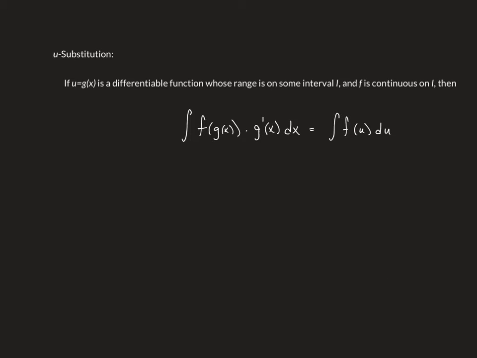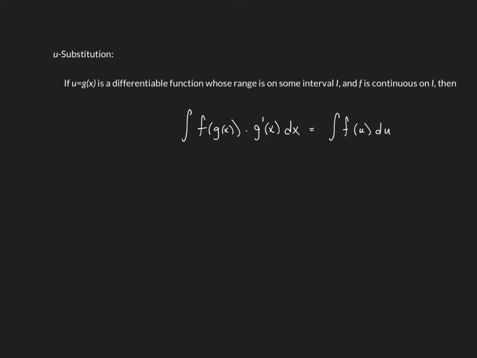So the reason we're able to do this is just a formal definition here. If u is equal to g of x is a differentiable function whose range is on some interval I, whatever that is, and you have a function f that is continuous on I, that same interval, then the integral of f of g of x, of that differentiable function, times the derivative of that g of x function with respect to x is equal to this integral here.